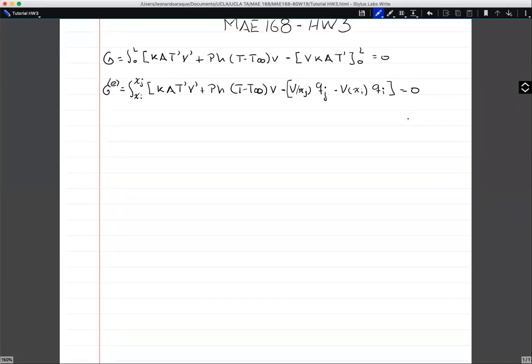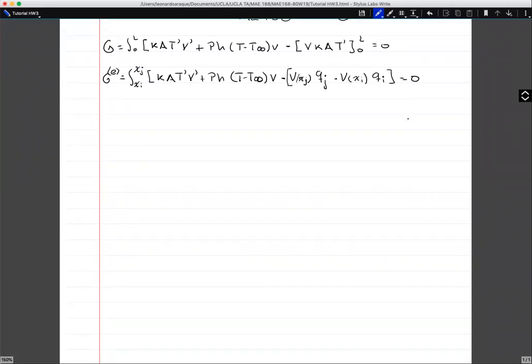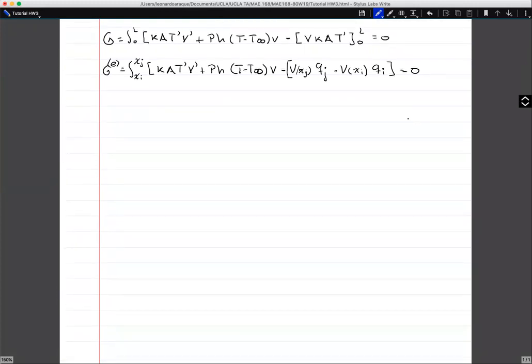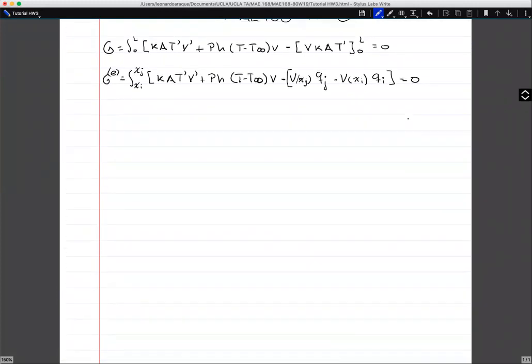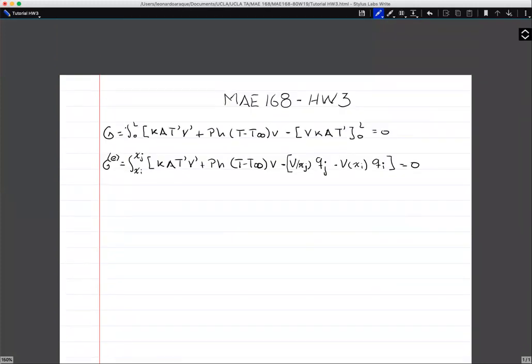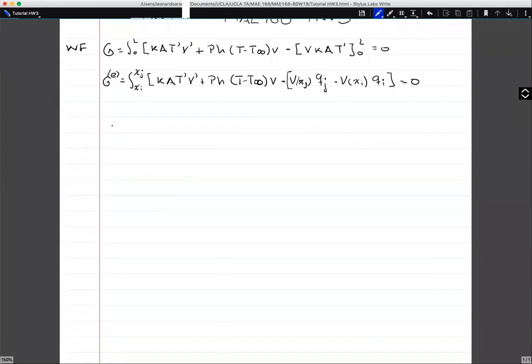All right, so once we set our weak form for a general element, the next step would be to set the approximate function. So this is the weak form of the problem. Now the approximate function.